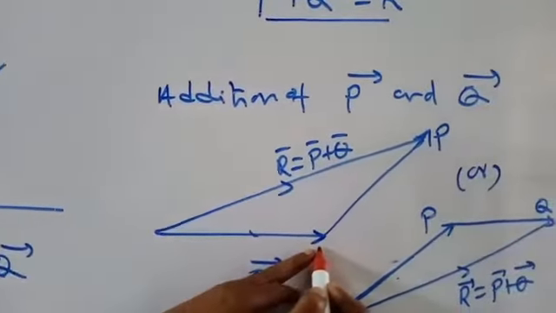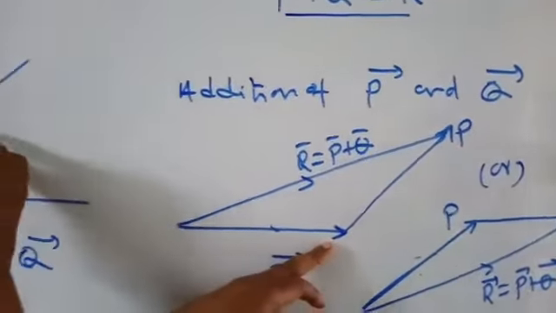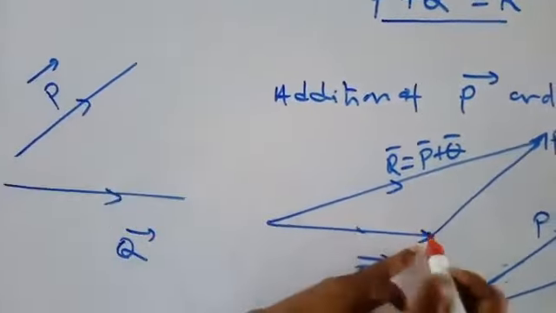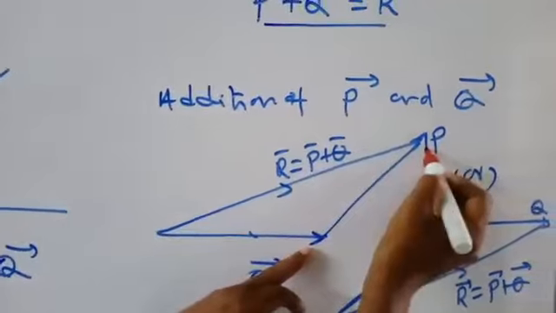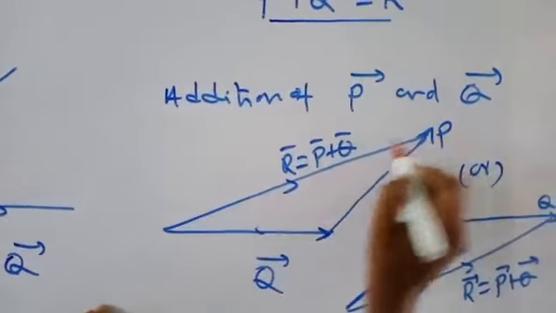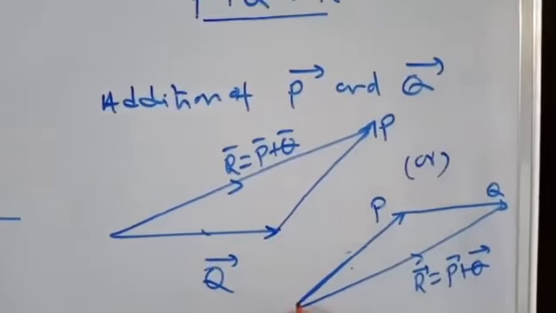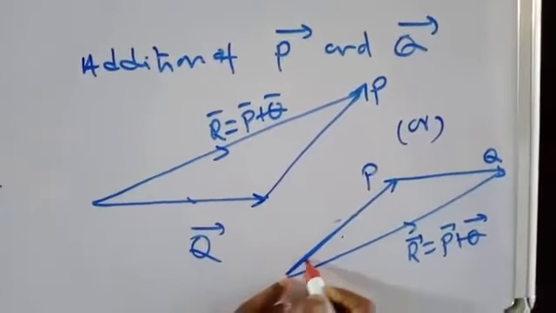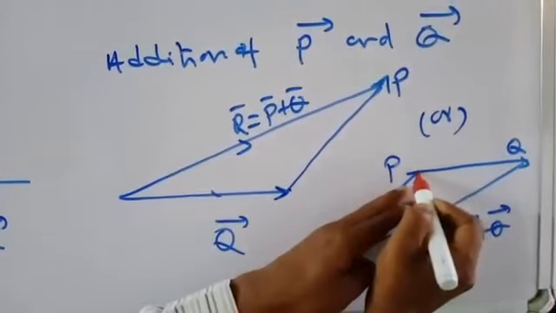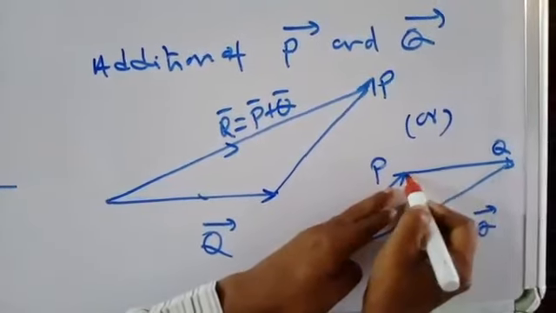The head of Q bar joins the tail of P bar. This is the tail of P bar. This is the resultant R bar, equal to P bar plus Q bar. But I am taking P bar first, then the head of P bar joins the tail of Q bar.